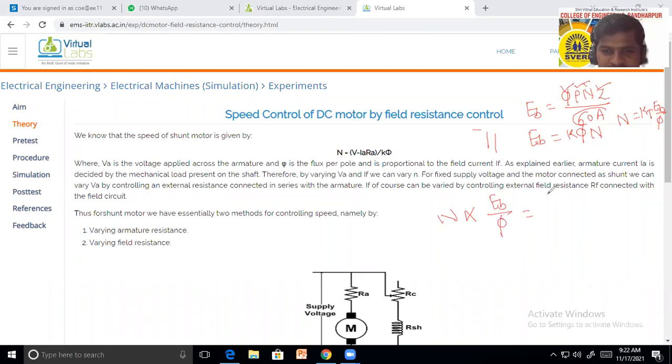And do you know that Eb is nothing but terminal voltage V minus IaRa, divided by φ.